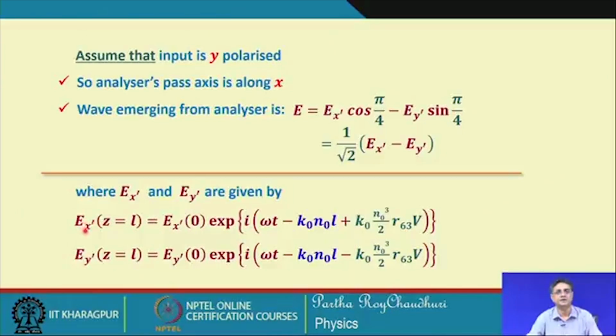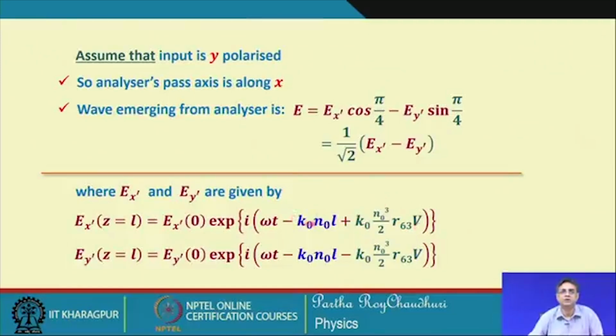So, E x dash at z equal to L, immediately after the crystal, will be a function of E x 0, the input polarization, and then this light has undergone a phase change because of the electro-optic effect, which is a voltage dependent phase change.